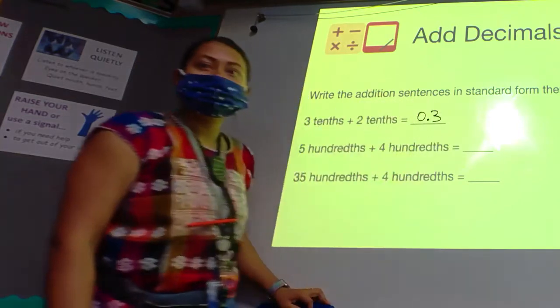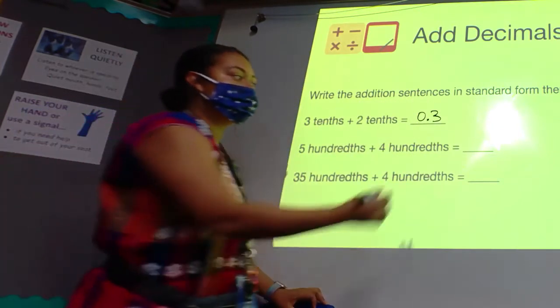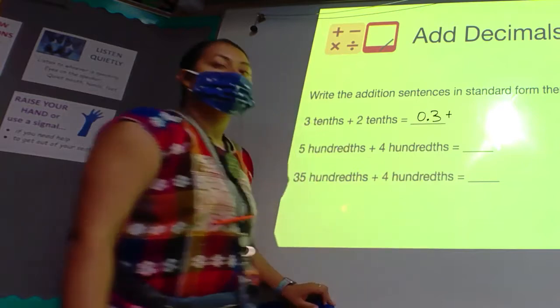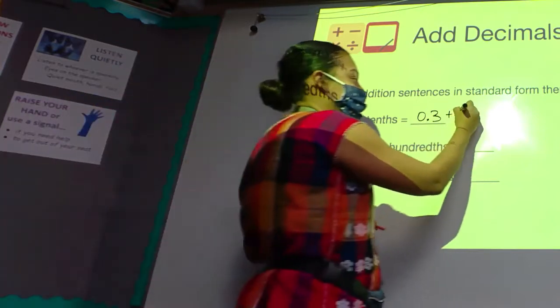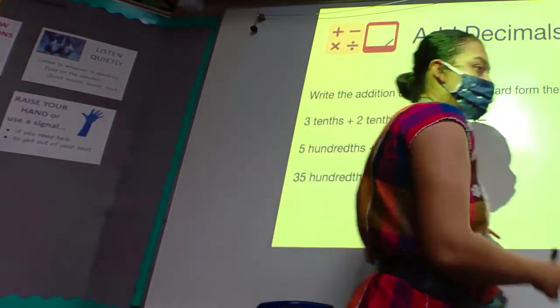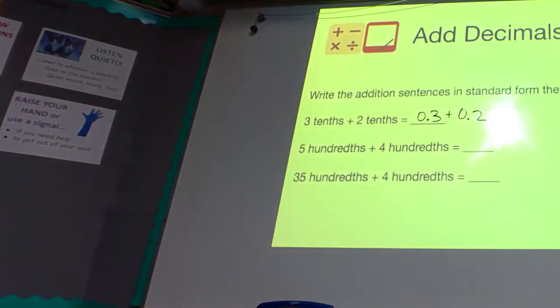Write it down. Plus 0.2. All you have to plug in is the digits because I already put in the decimal for you. So now we have 3/10 plus 2/10 equals 5/10, right? So 0.5. Write it down.